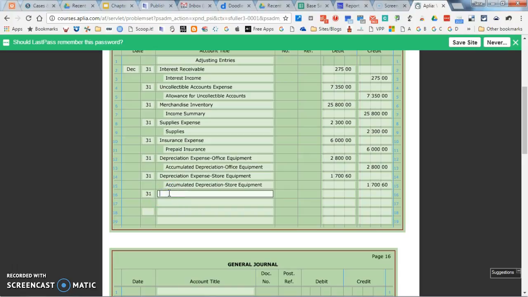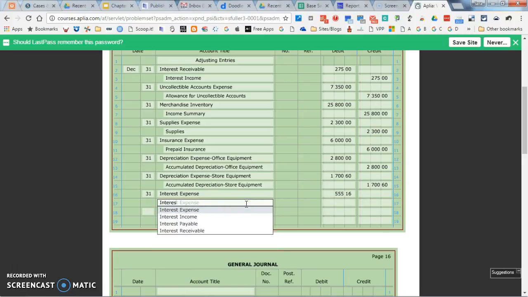31st, interest expense, debit of $555.16. Interest payable for the credit account, $555.16. And then our last adjustment is the 31st.